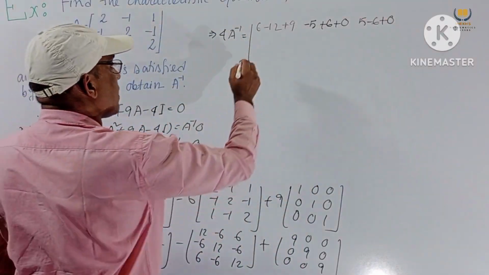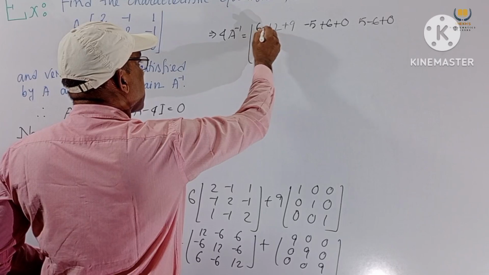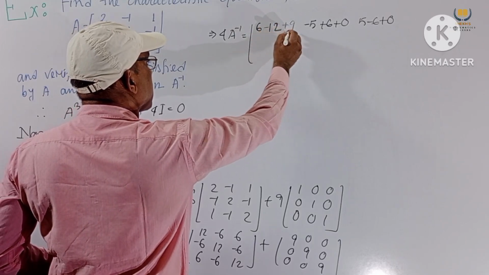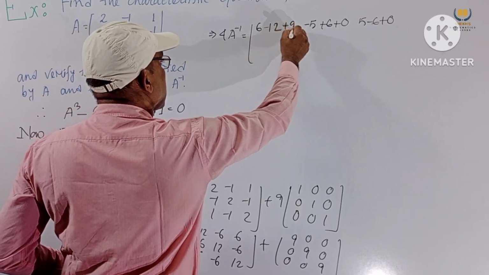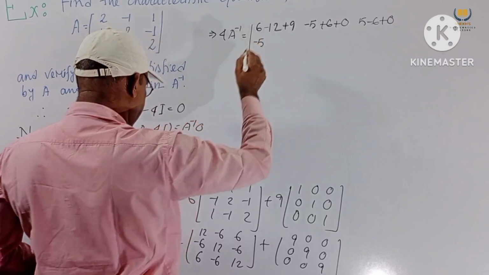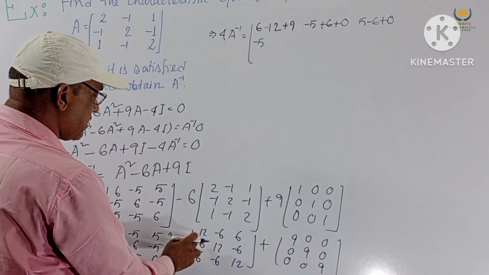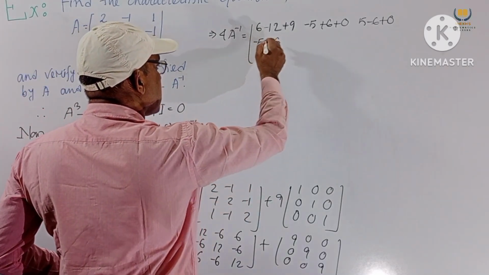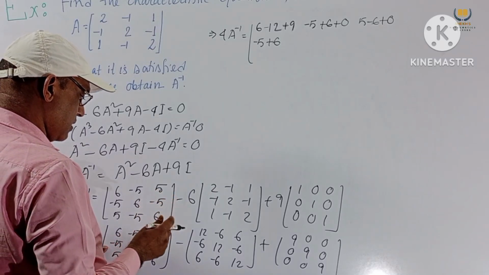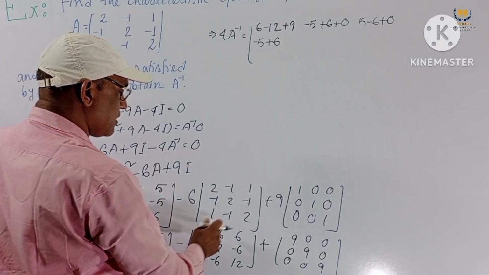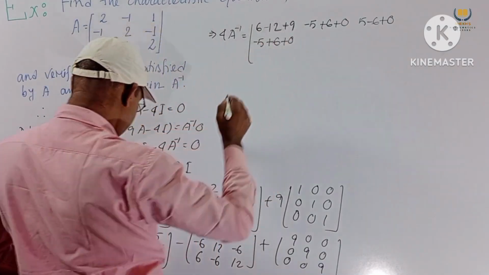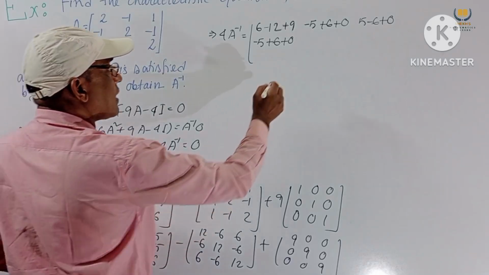Next, minus 5, minus minus plus 6, plus 6 plus 0, and this is 6 minus 12 plus 9.